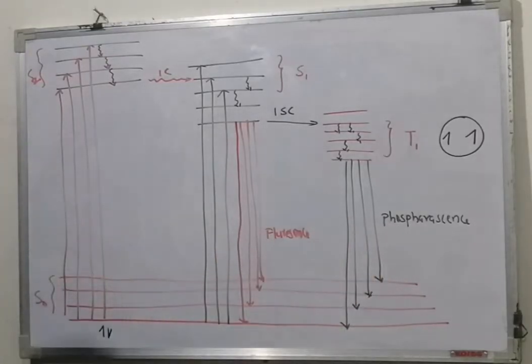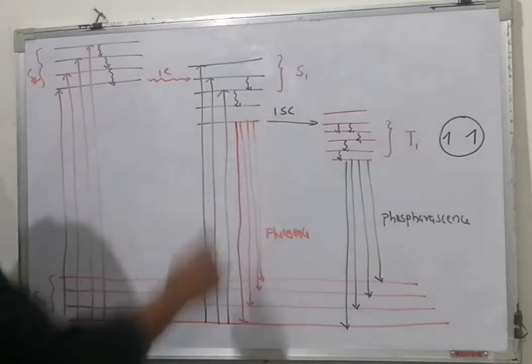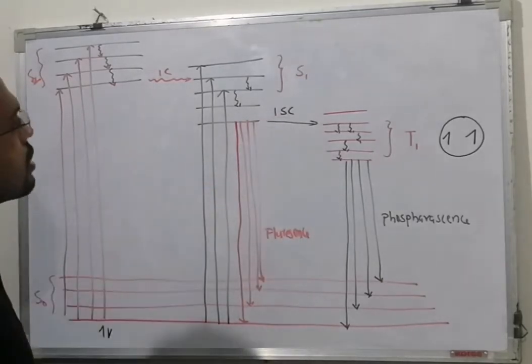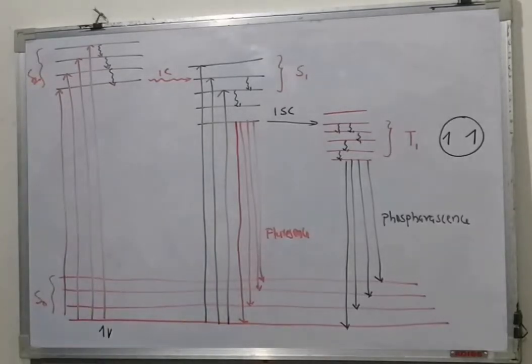This is phosphorescence. We will discuss them. IC means internal conversion. ISC means inter-system crossing. Okay. Now, what happens to an electronically excited molecule?